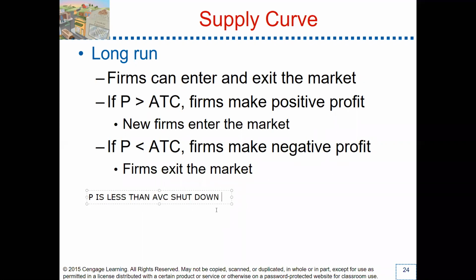Temporarily, not forever. They just shut down temporarily till the situation has been solved. However, if the price becomes more than average variable cost, they make some profit. And in the long run, if the price is more than average total cost, it's a sign for the firm to enter into the market. If it's less than average total cost, it's a sign to leave the market.